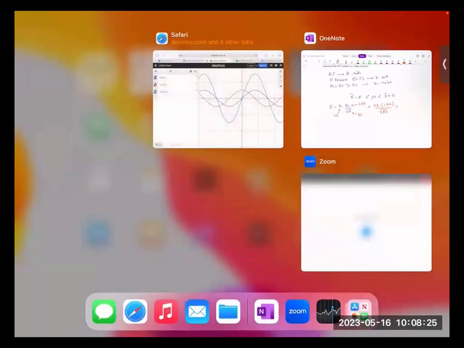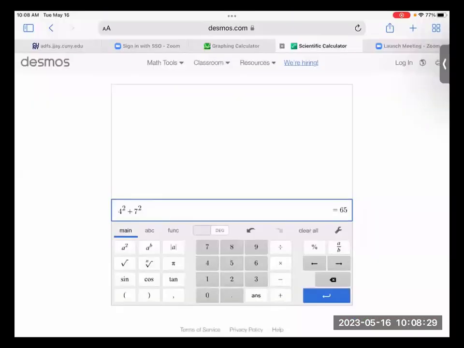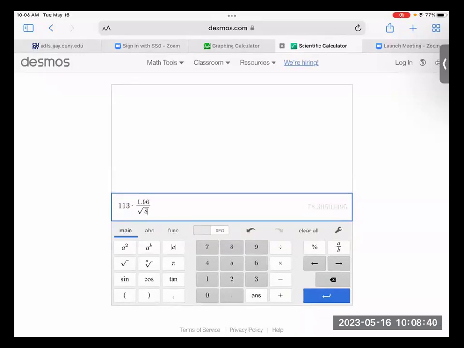So let me see if I can use Desmos. All right, so what we said, 113 times 1.96 divided by square root of 80. That's 24.762, right?